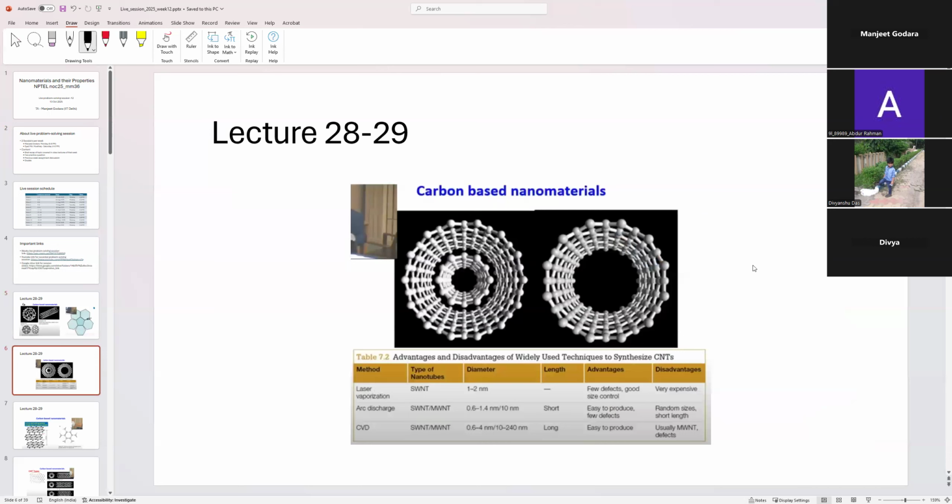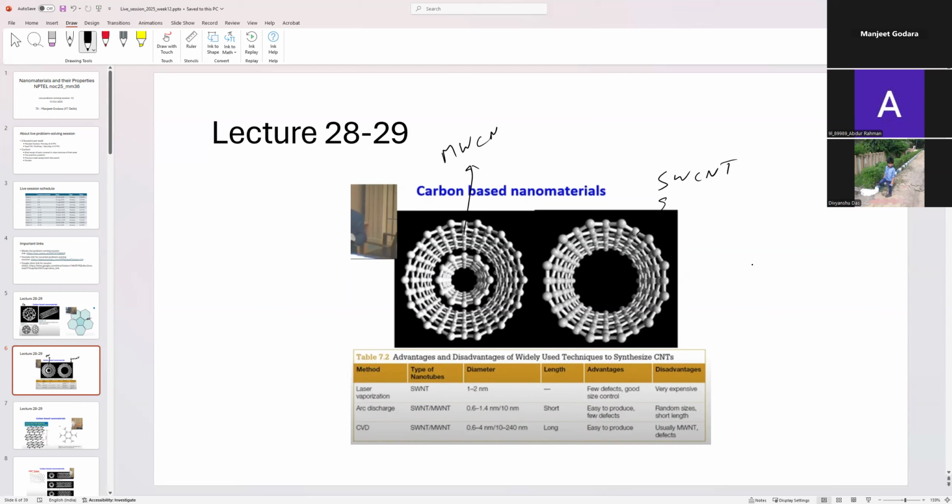There are different types of carbon nanotubes. You can have single wall CNT, or double walled, or you can also call multi walled CNT.